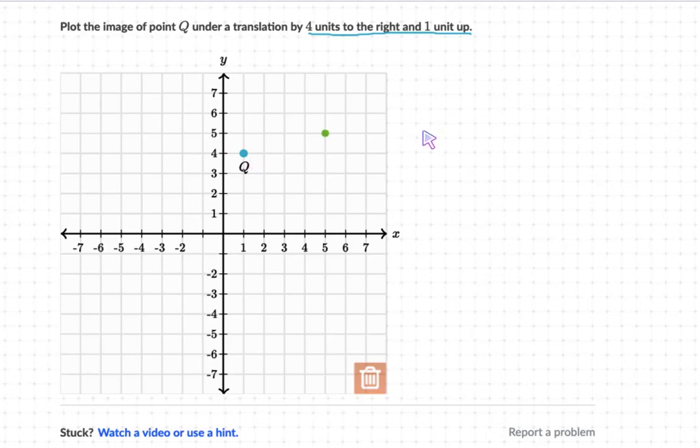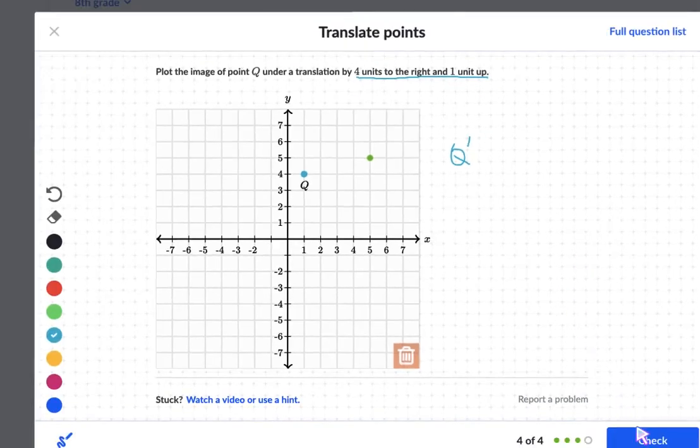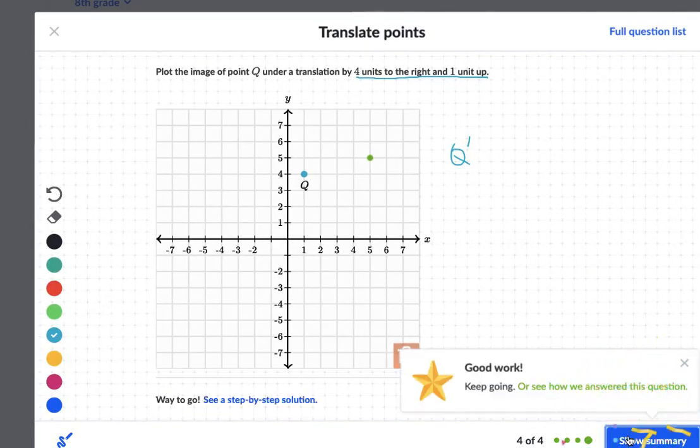So your new point Q, or Q primed, should be right there. Okay, so you're really just following the directions. 1, 2, 3, 4, and 1 up. That's translating points.